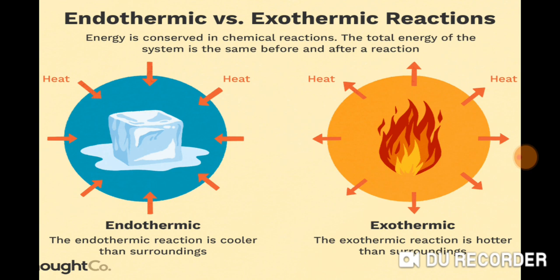So in any chemical equation, whether cooling or heating takes place, when heat is involved and a reaction takes place with a heating effect, it means it is an endothermic reaction.